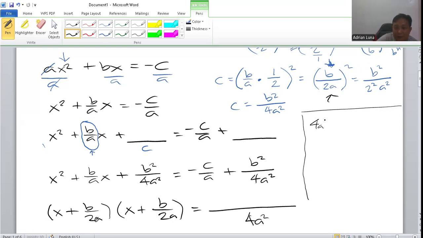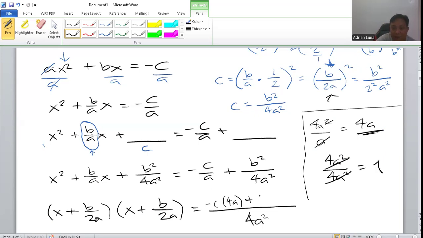So LCD 4a squared divided by the original denominator, so cancel, matitira is 4a, to be multiplied kay numerator na si negative c. Plus LCD pa rin 4a squared divided by the original denominator which is also 4a squared, kaya pag dinivide mo siya equals na sa 1, to be multiplied kay original numerator which is b squared times 1.